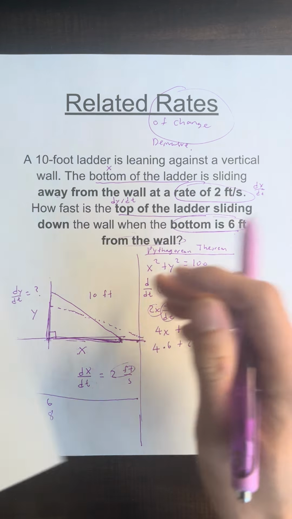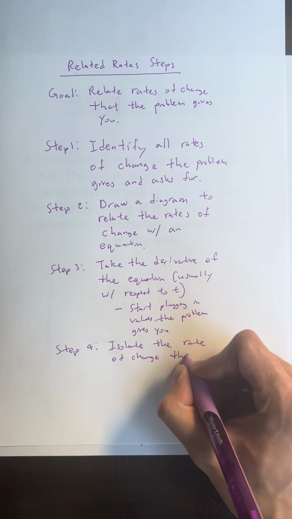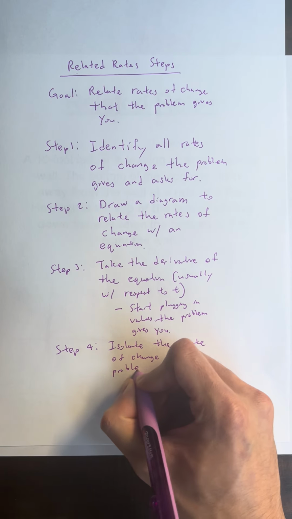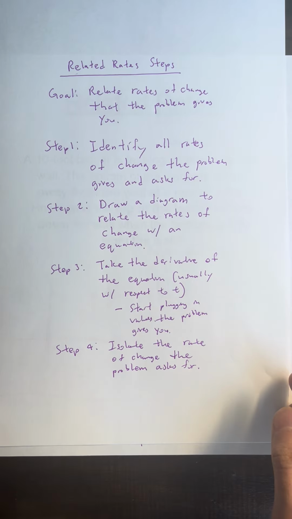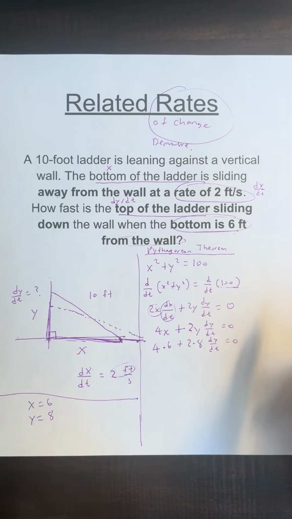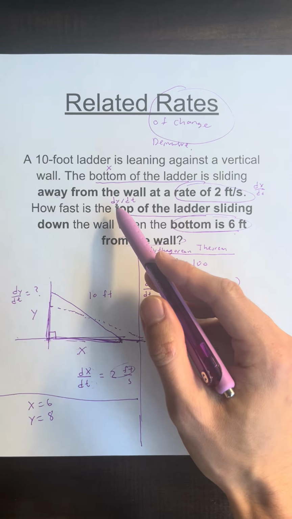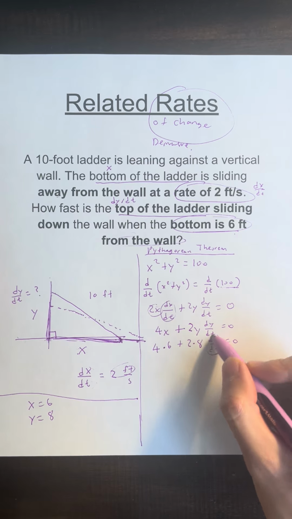Derivative. Okay, so isolate the rate of change the problem asks for. So which rate of change are they asking for? Dy dt. So we need to isolate it. We need to get this by itself.